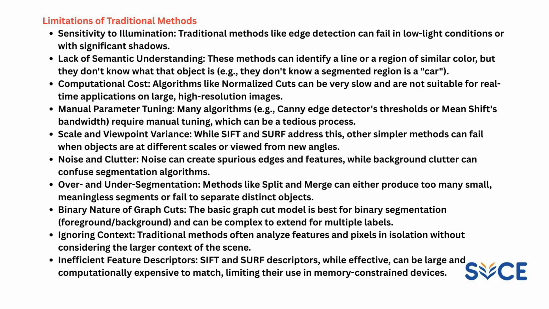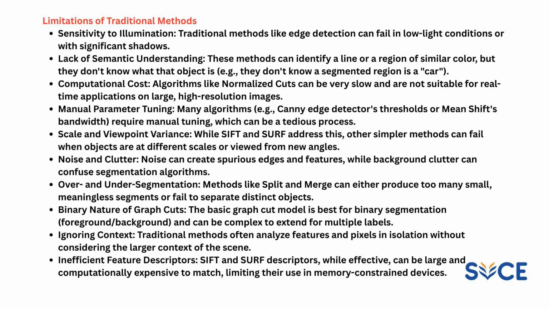The next one is the binary nature of graph cut. Finally, while graph cuts are incredibly powerful for energy minimization, the basic model is designed for binary segmentation, the separation of foreground objects from the background, as I told you about the two components in an image, foreground object as well as background.